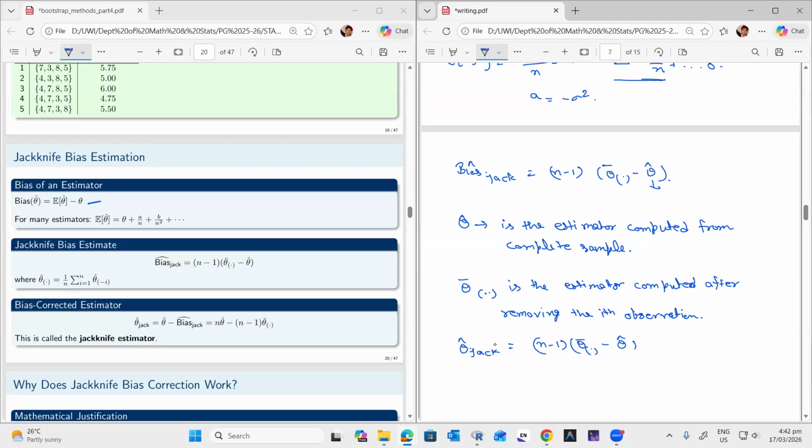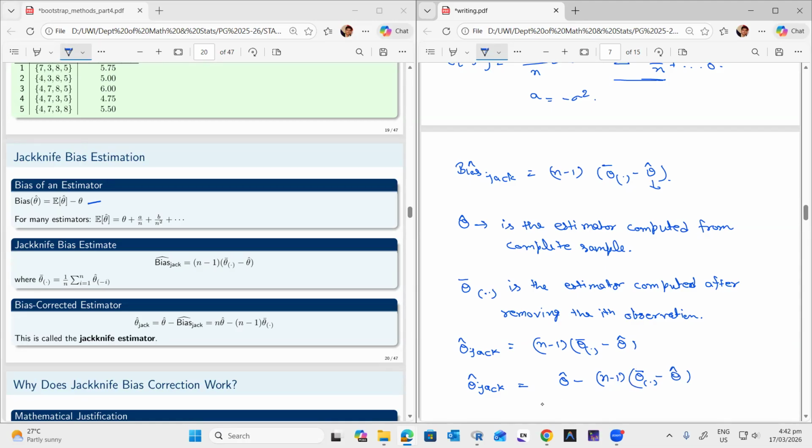So in that one, how it basically comes, so theta cap jack comes from theta cap minus n minus 1 into theta bar dot minus theta cap.